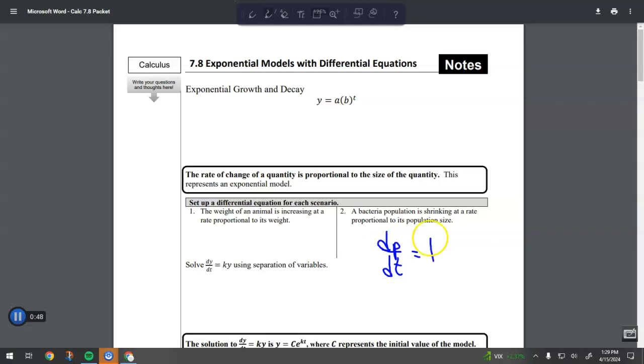Proportional to, so that's directly proportional, so that's k times its population size, which in this case would be P. If I were to do all that stuff, like separate the variables and integrate and all that, what I'm going to end up with is P equals C e to the kt. So you can do it, or you can just remember that shortcut.